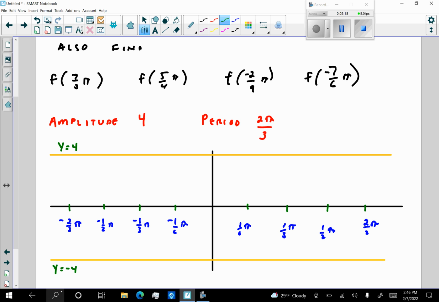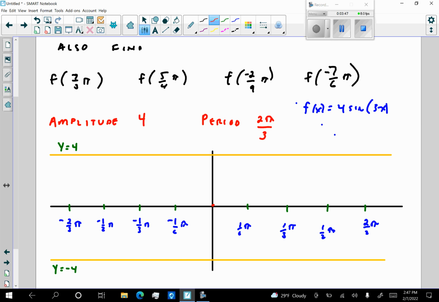So since this leading coefficient here, this is the function we're graphing, 4 sine of 3x, and since this 4 is positive, it's going to go to its maximum first.